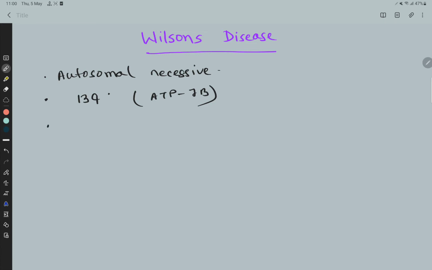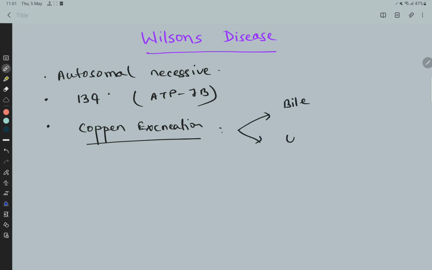And why does this disease happen? It happens due to a defect in copper excretion. Copper excretion happens by two processes. Copper is excreted through bile and through urine.